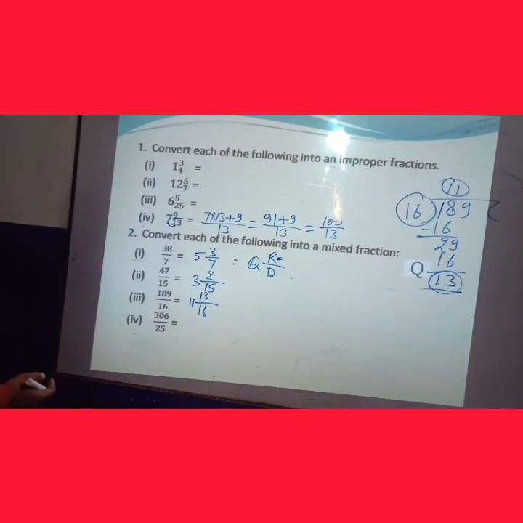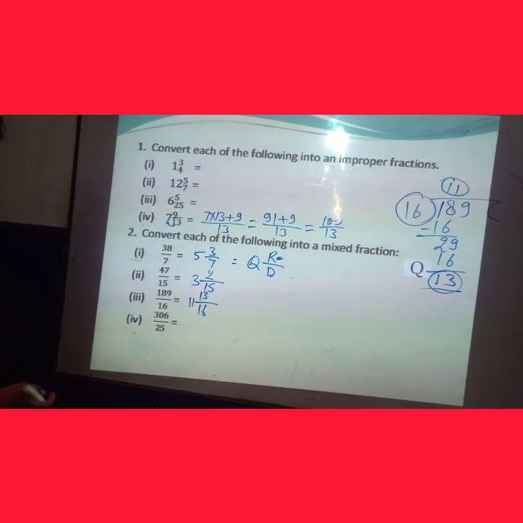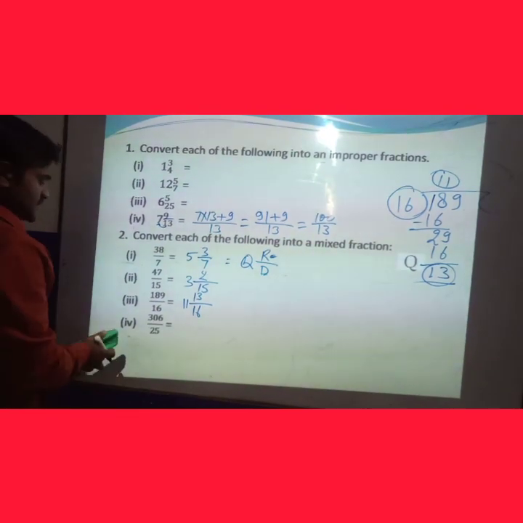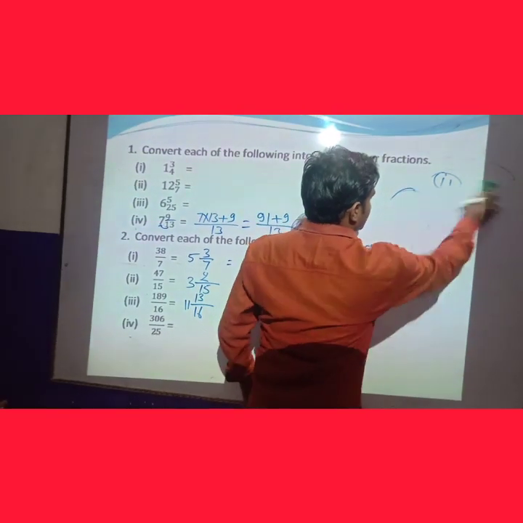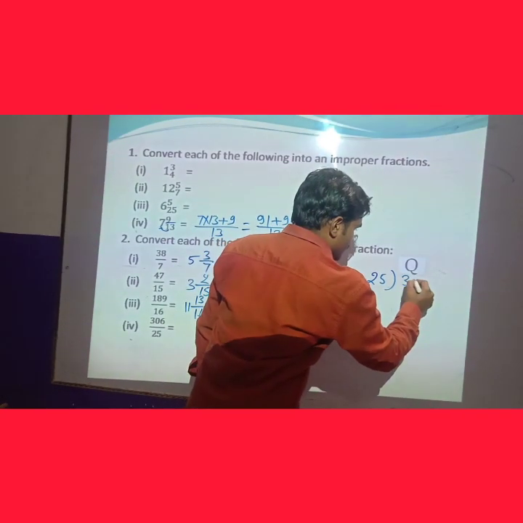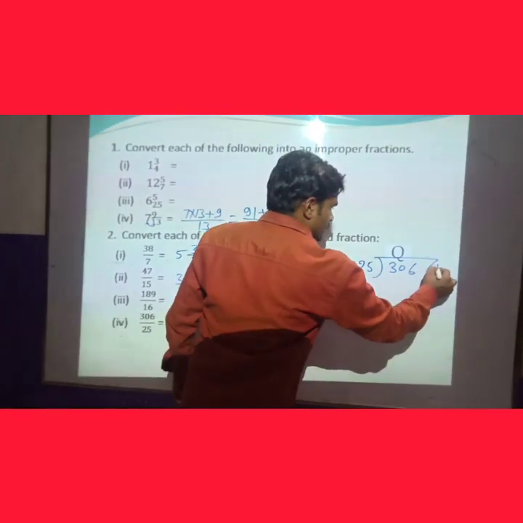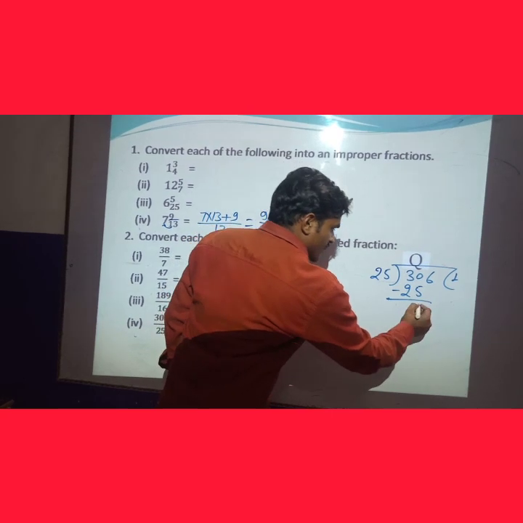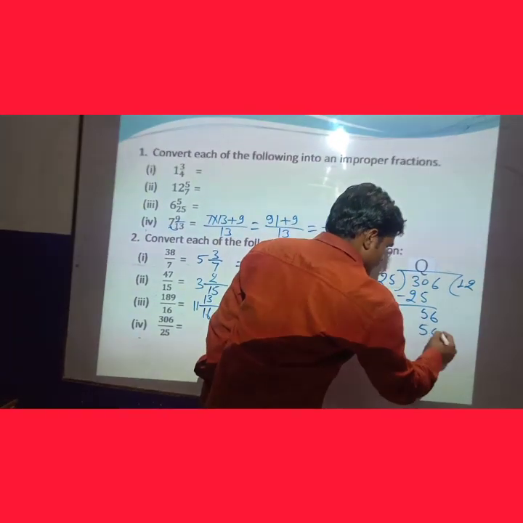Next, 306 upon 25. We also have to convert 306 upon 25 into a mixed fraction. It means 25 divides 306. 25 12s are 300. Now 306 minus 300 is 6.